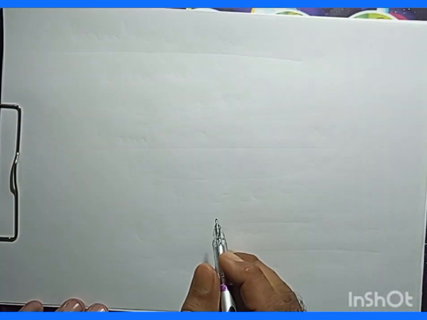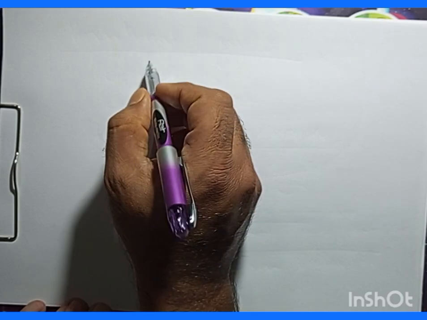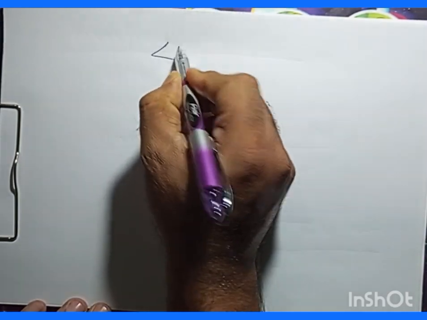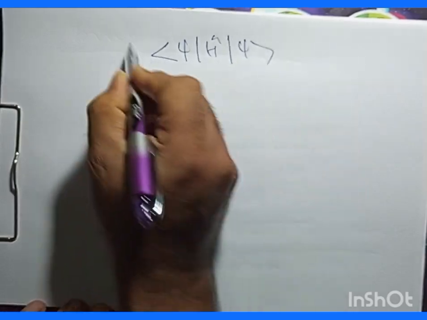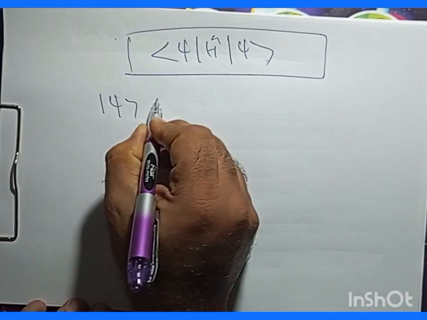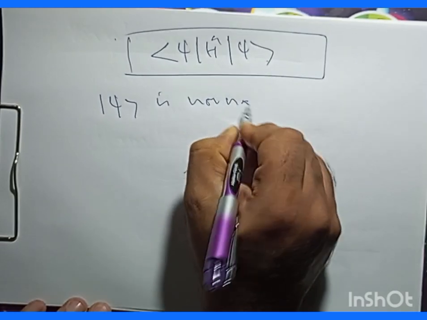So if I have to calculate the expectation value, say <psi|H|psi>, this psi is normalized.